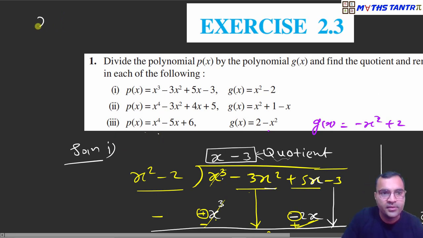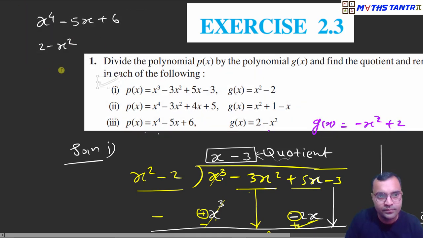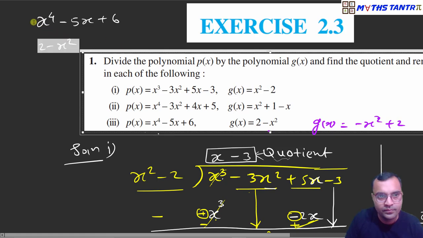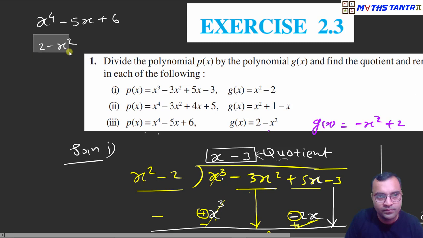The dividend is x to the 4 minus 5x plus 6, and the divisor is 2 minus x square. Two minus x square. Remember this.